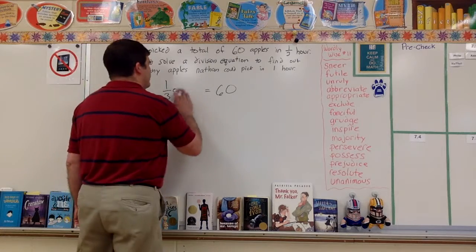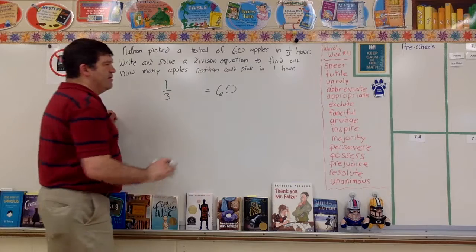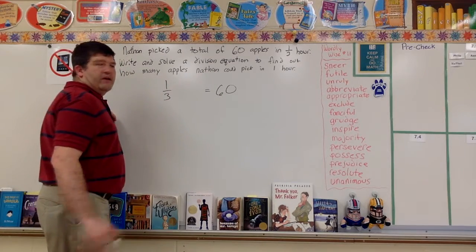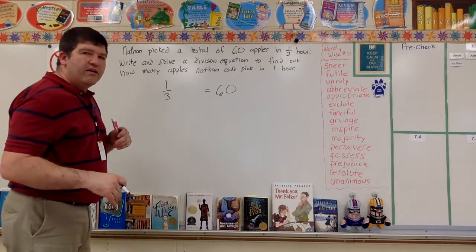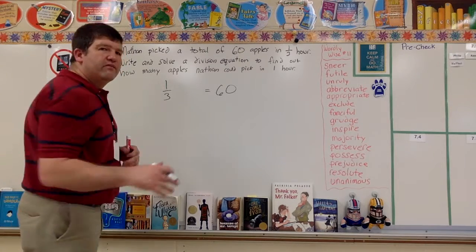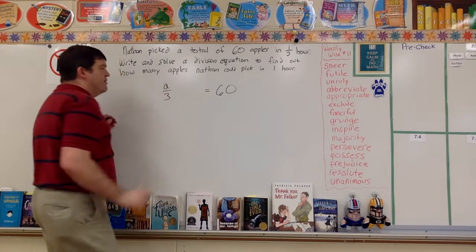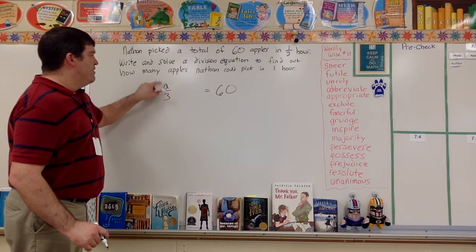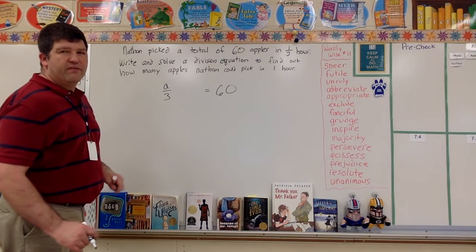So what I want to do is, I have a third of an hour equals 60 apples. I don't want 1/3 of the hour. I want to know how many are in 3/3 of an hour. So I'm going to change this to be my apples, what would happen in an hour, 3/3.